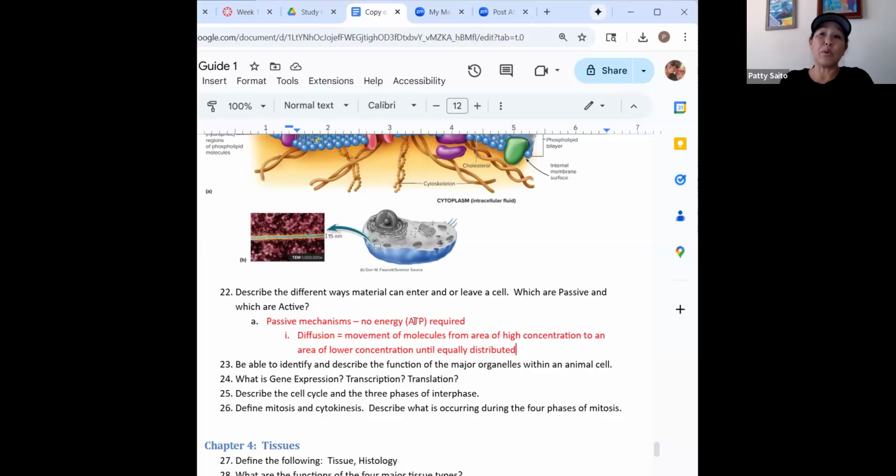An example would be if someone puts perfume on their body right before they get into a car. So I put on perfume, I get in the car, close the door. Where are there more perfume molecules? It's right on my body. Where are there fewer?